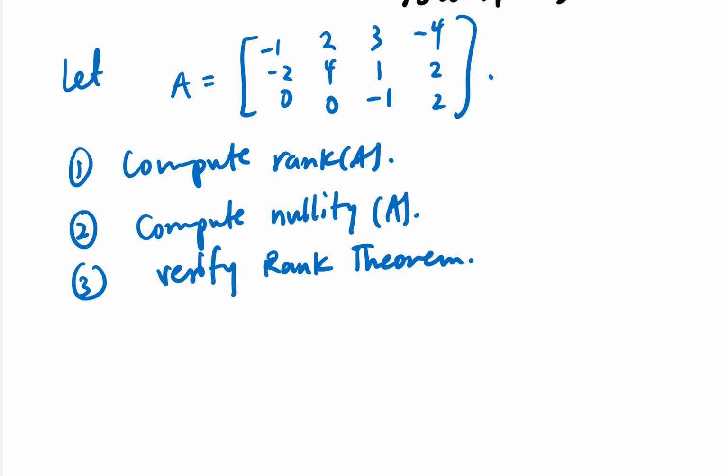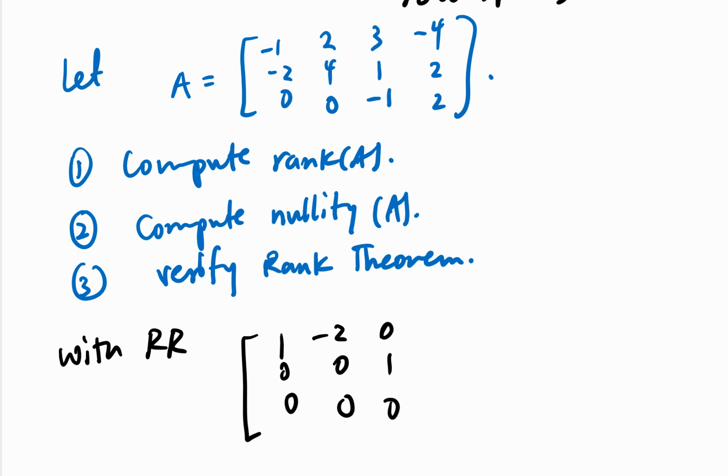To do that, we start with row reduction, and I got 1 0 0, negative 2 0 0, 0 1 0, negative 2 negative 2 0.